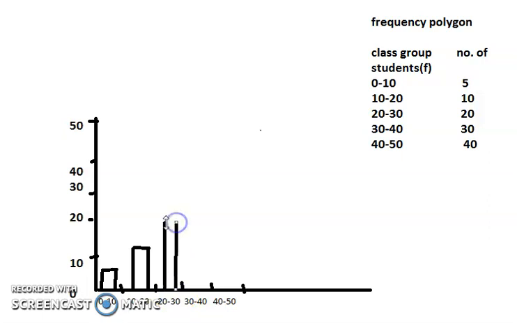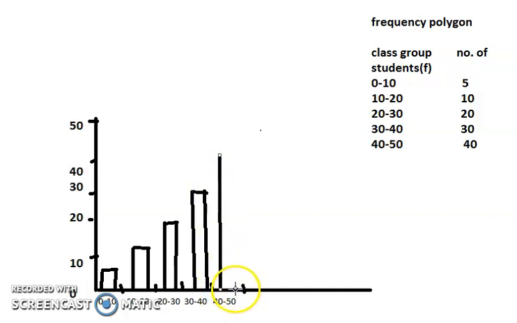So the basic need is there: for all the class intervals you need to leave the same space. The next one is 30. And the last one is 40. So all my bars are done. One thing you need to always remember over here: from this point you need to leave the same space.